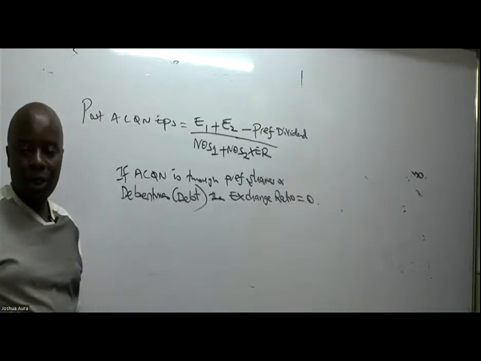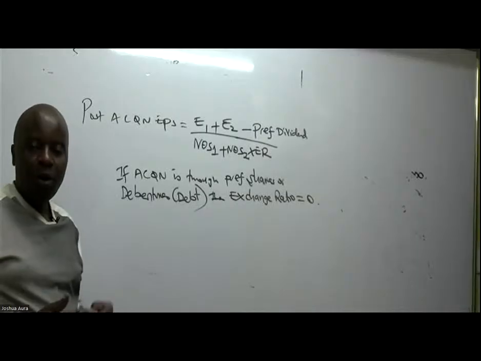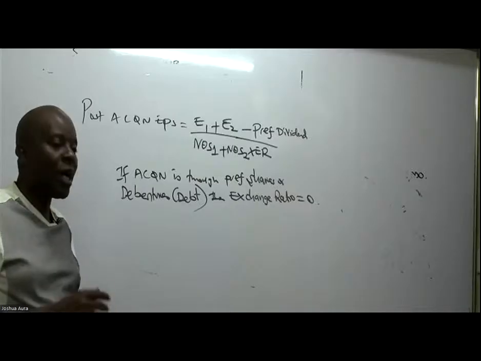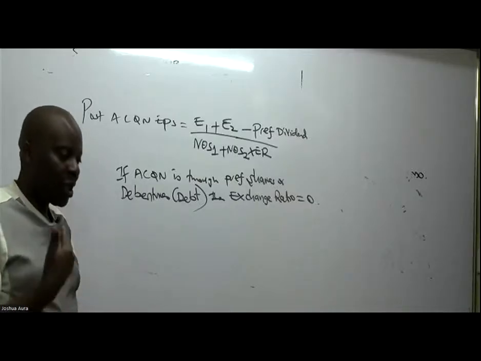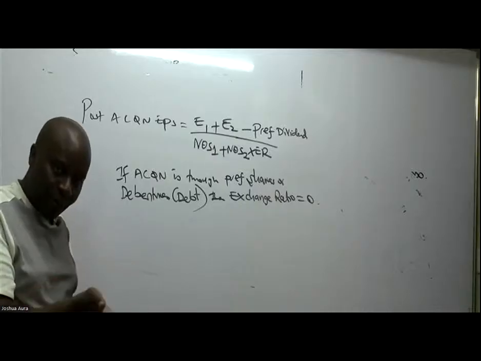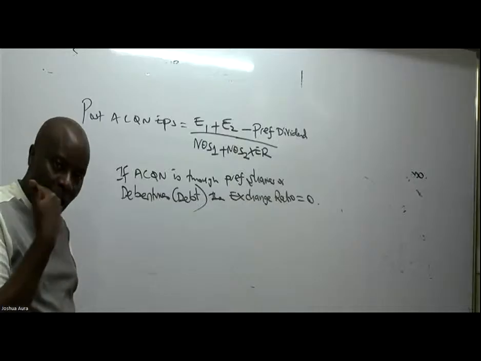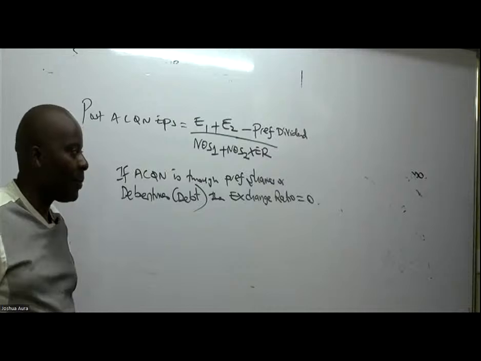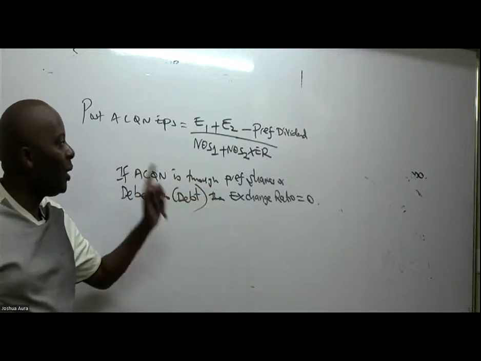Whenever acquisition is through preference shares or debenture capital, that for us to have acquired a firm, we either gave out our preference share capital, right? Or we gave out debt instruments to be able to acquire a firm, then the exchange ratio automatically will always be equal to 0.